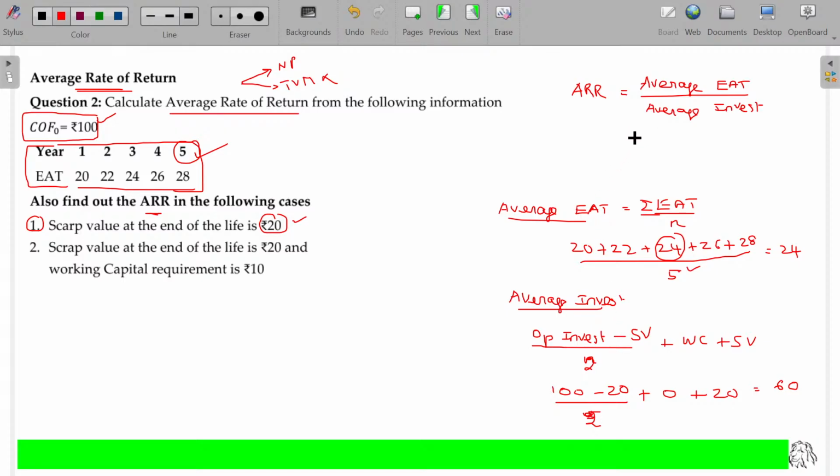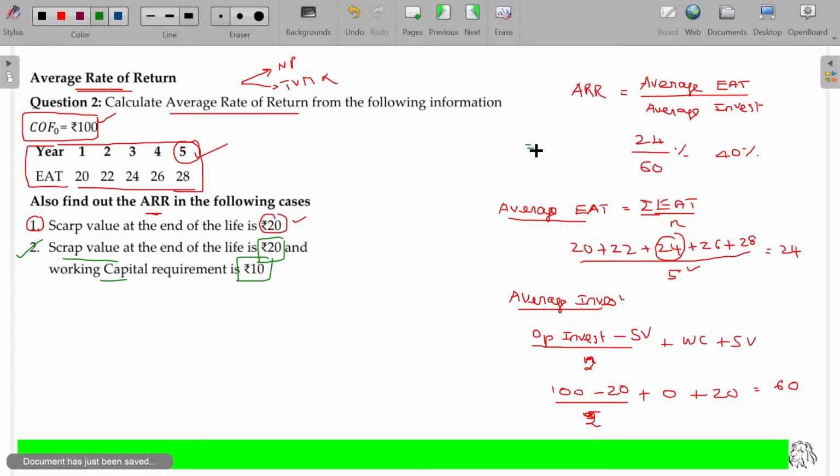Average EAT in this case being 24 and divided by 60, and come on, tell me the value finally. 40 percentage.